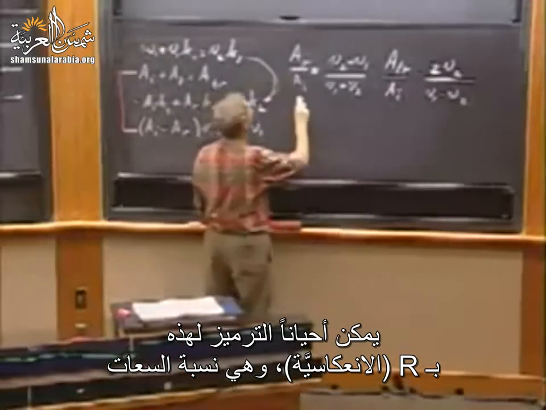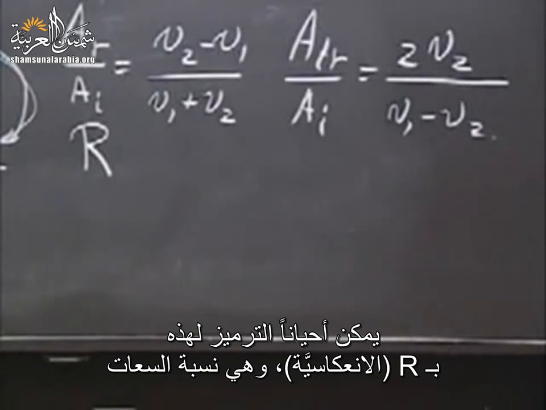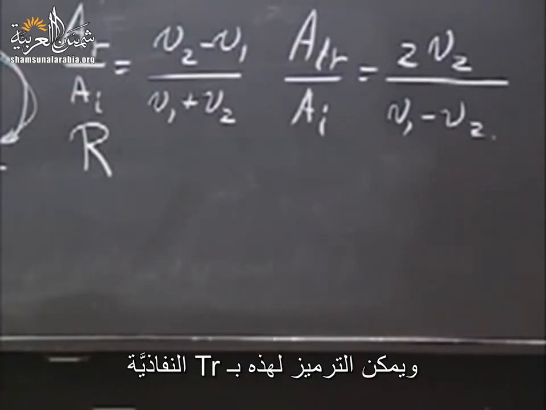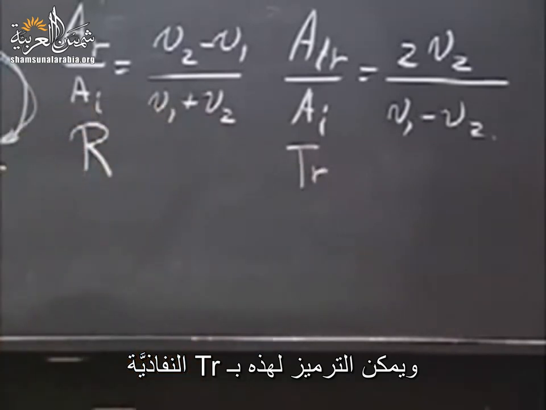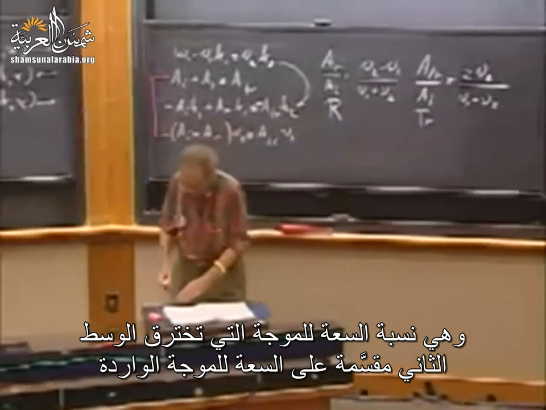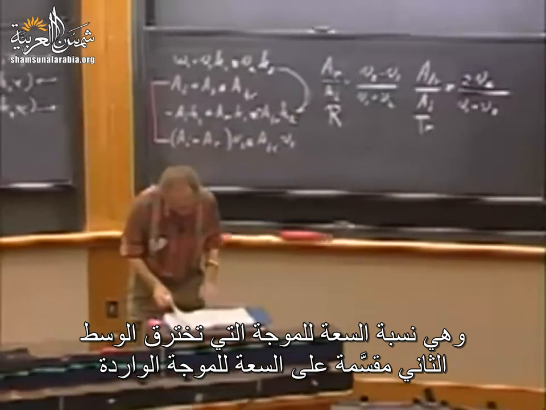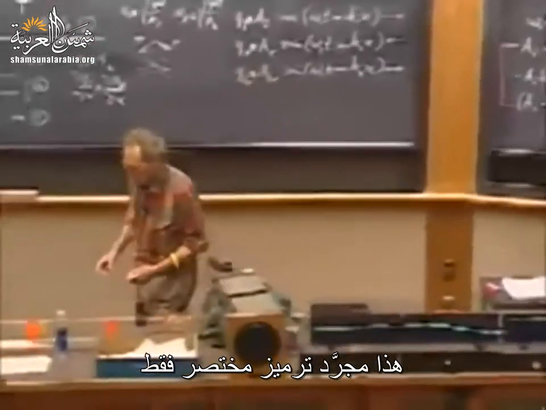Sometimes I call this with shorthand notation R, reflectivity, it's the ratio of amplitudes, and sometimes I call this shorthand notation TR, which is transmittivity, the ratio of the amplitude that penetrates the second medium divided by the one that came in. So that's just my shorthand notation.